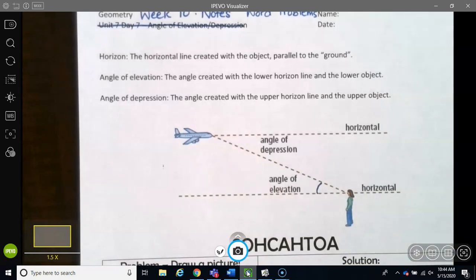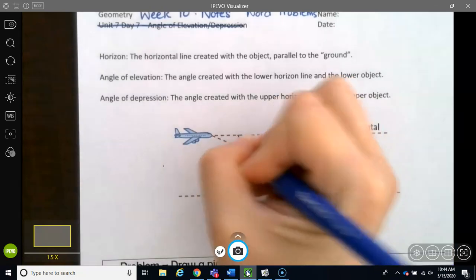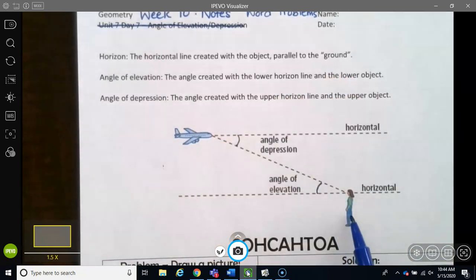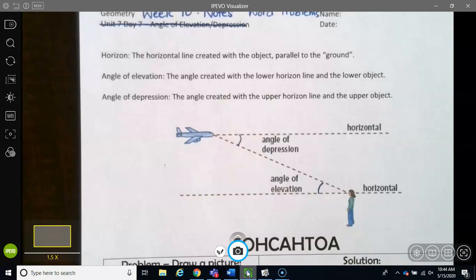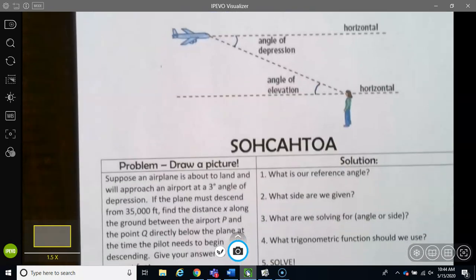The angle of depression is if you're the higher figure, like the airplane, and it's the angle created from that horizontal line looking down at the lower image, or the lower person. So this is our angle of depression, this is our angle of elevation. Think elevate, you're looking up; depression, you're looking down. All right?